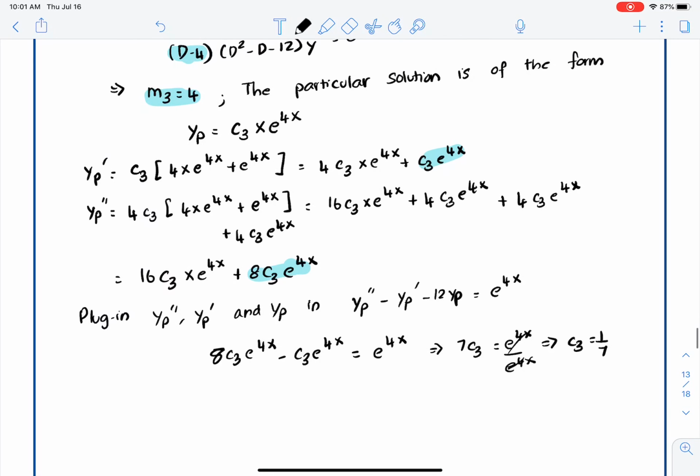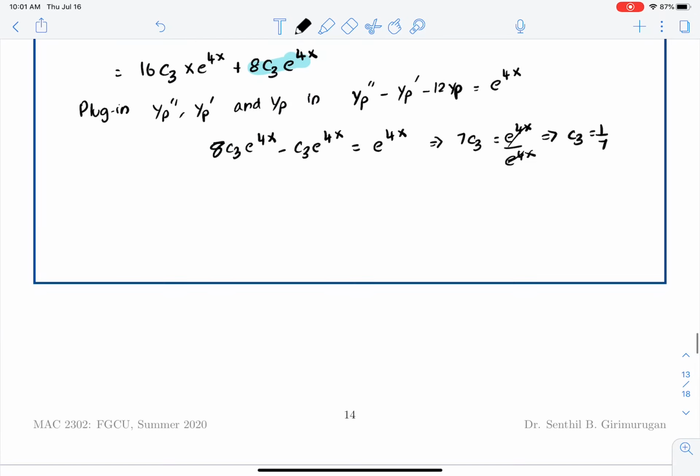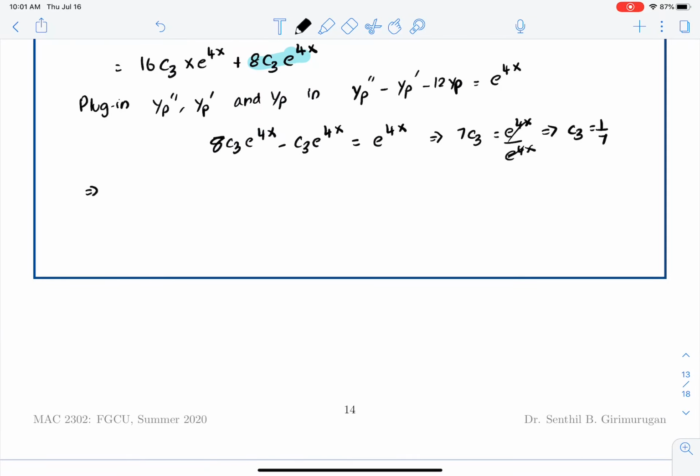So plug in yp, so the particular solution is yp equals 1 over 7 x e raised 4x.